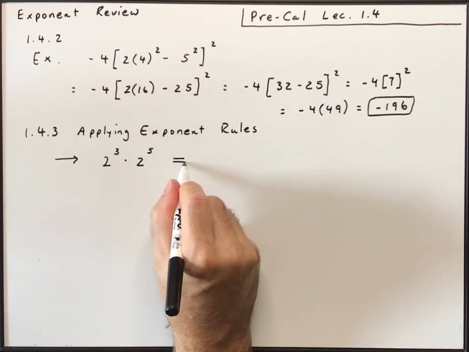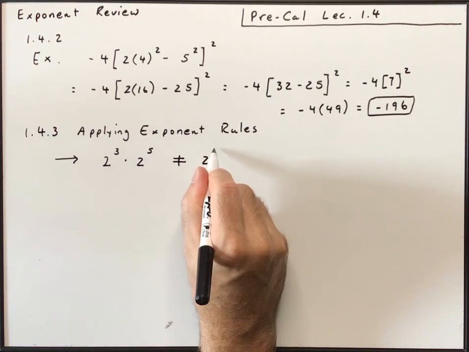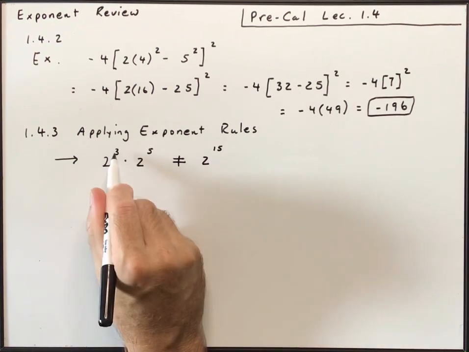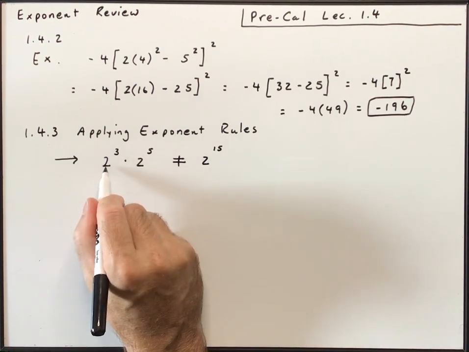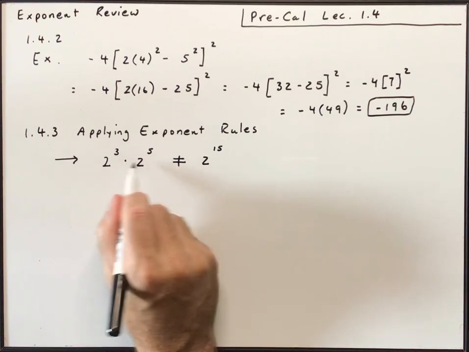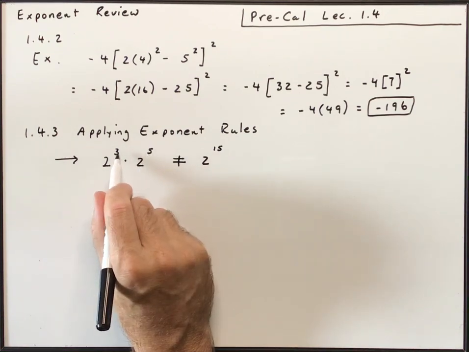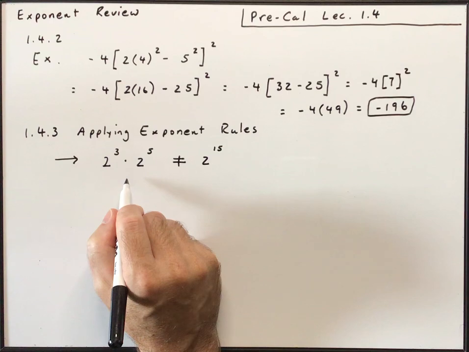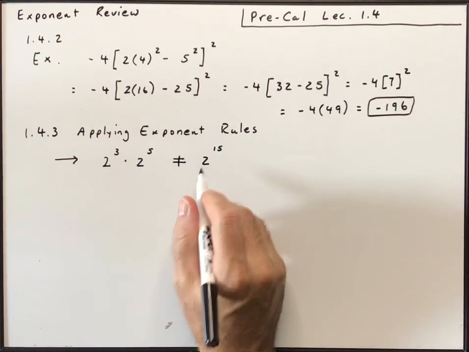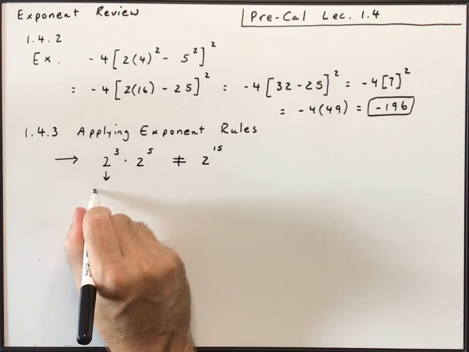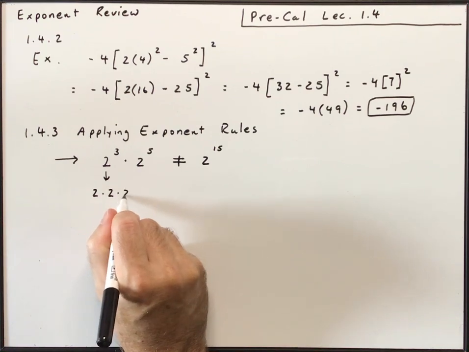That does not equal 2 to the 15th. Okay, if you have a base raised to a power and you multiply, you don't multiply the powers. So that's not true. This is the same as 2 times 2 times 2.